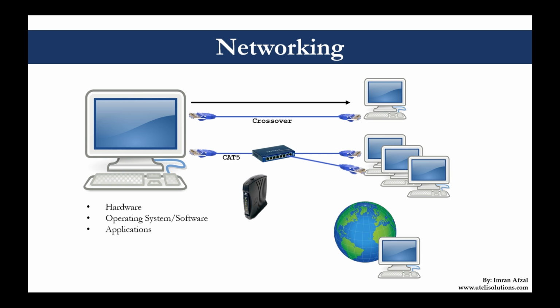Whichever part of the world you are in, your internet provider has provided you that modem that allows you to talk to the outside world. So you connect your computer through the Cat5 cable to that modem, and that modem is connected to the outside world, and that's how you communicate.